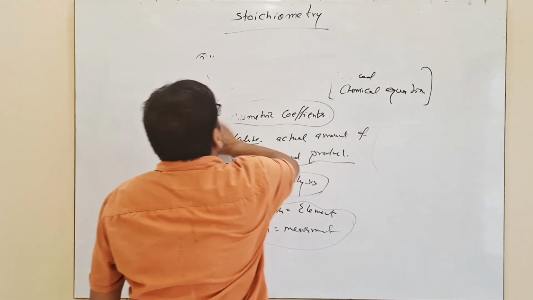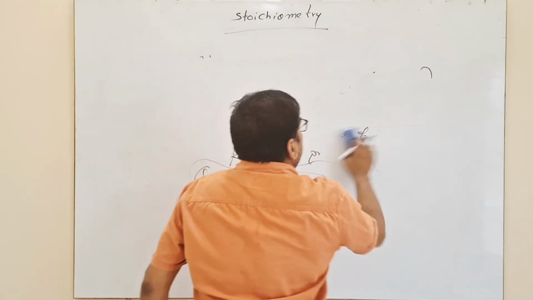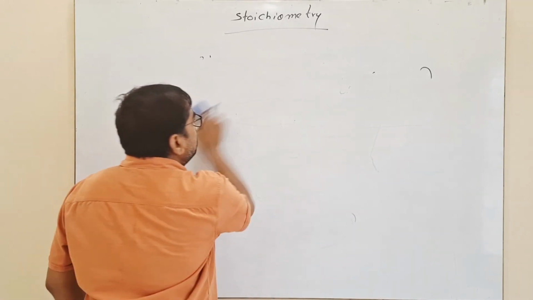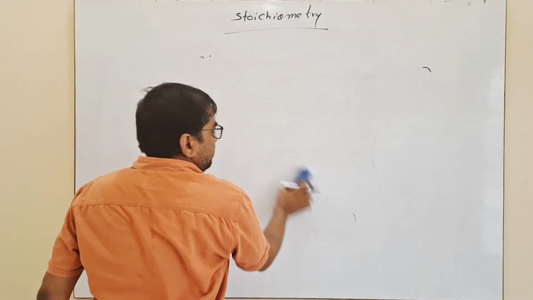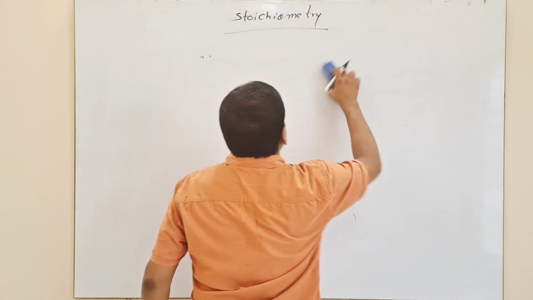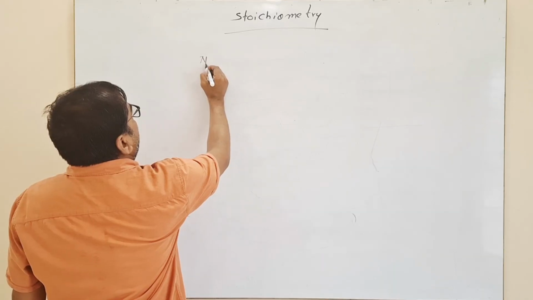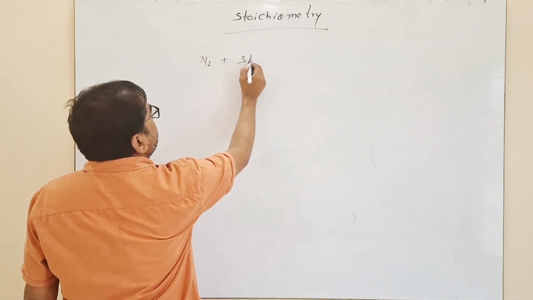Let's see another example related to preparation of ammonia by the Haber method, and we will establish a quantitative relationship between reactants and products with the help of the balanced chemical reaction.